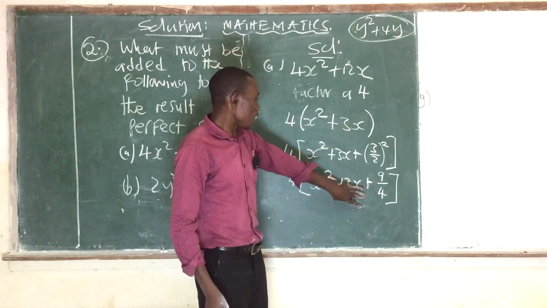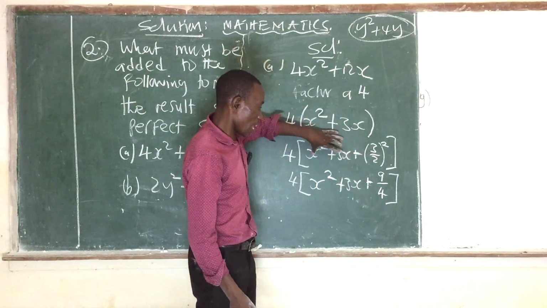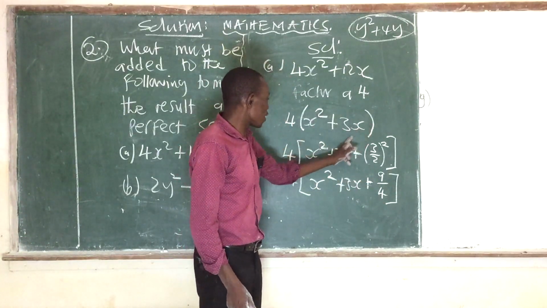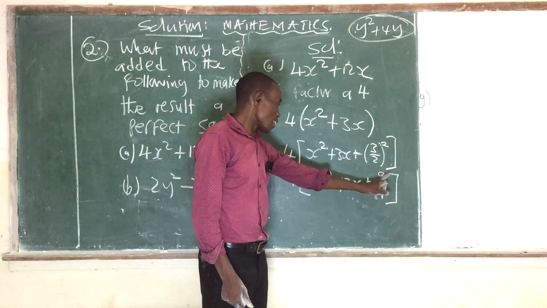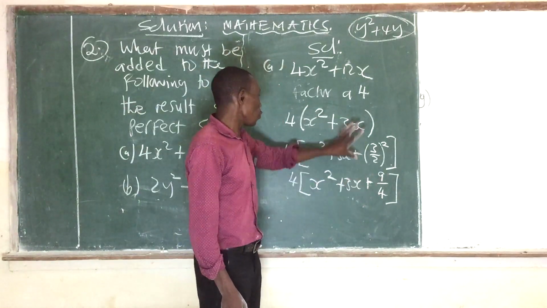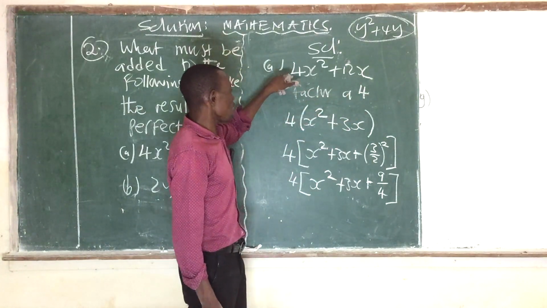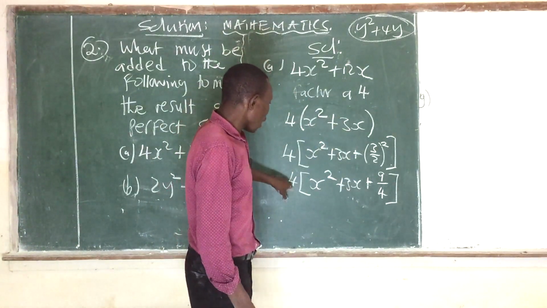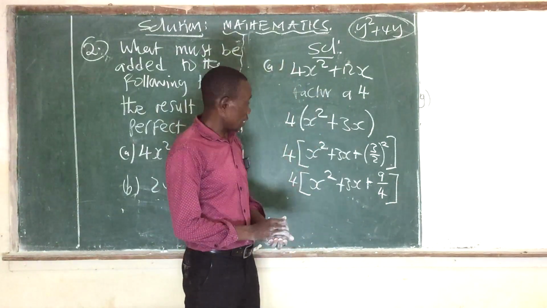So what we have done here is only that the inside part has been made a perfect square. If somebody were to ask you, can you make this a perfect square, you just process the inside. So 9 over 4 must be added to this. But considering the expression had a 4, this 4 has to be multiplied by everything inside the bracket.